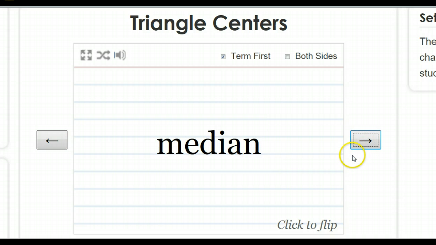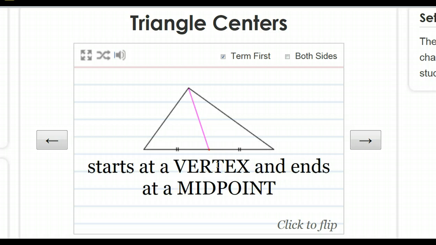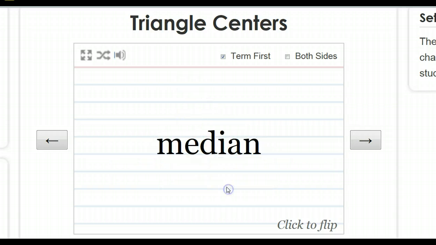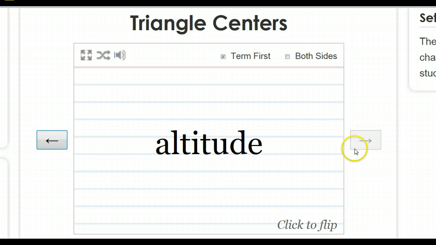What is a median? Median goes from like what to what? A median looks like this. Median goes from a vertex to a midpoint. Vertex to a midpoint. That's a median. What is an altitude? An altitude goes from what to what?